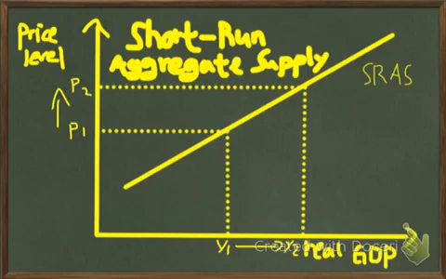For example, if the price increases from P1 to P2, you can see the increase in output from Y1 to Y2. In order to produce more, the companies have to provide incentives to the workers to produce larger amounts of the products.